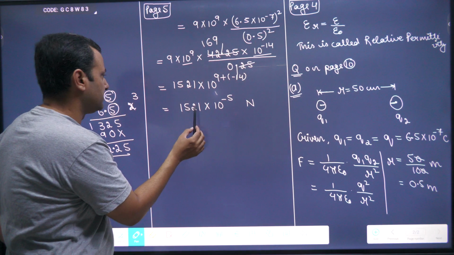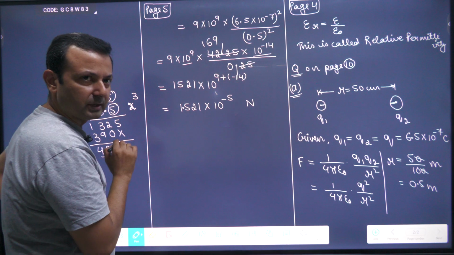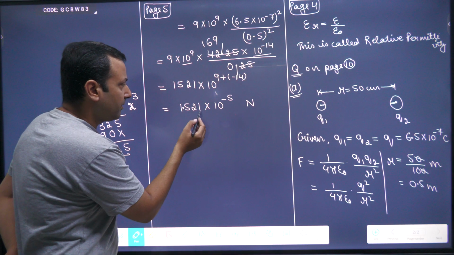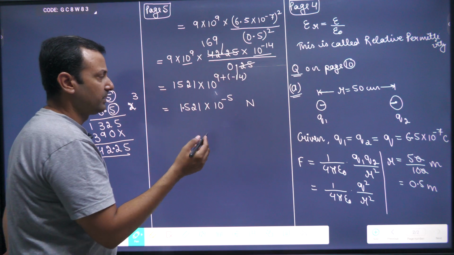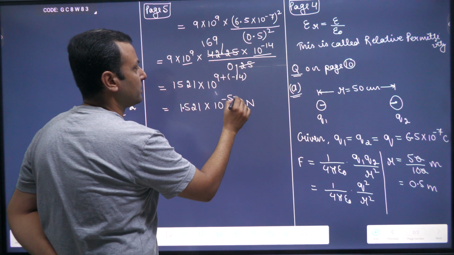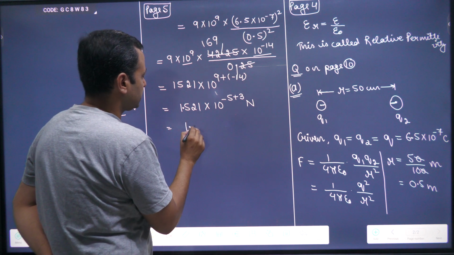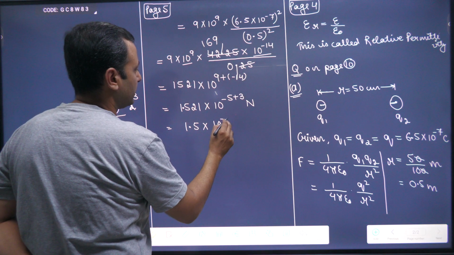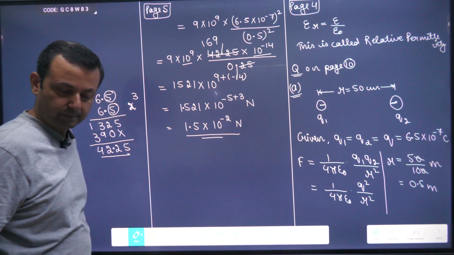We are counting 3 digits, and we will put a decimal here. It will now become 1.521. So we have decreased it by 3 digits. Now we will increase the power by 3, minus 5 plus 3. So we can write it like this, 1.5 into 10 to the power minus 2 Newton. Okay, is it clear?